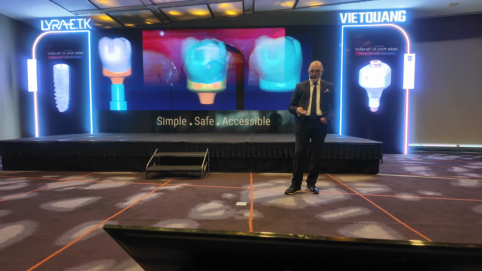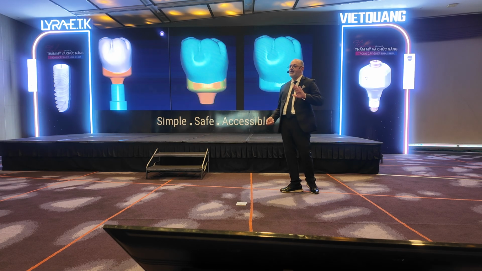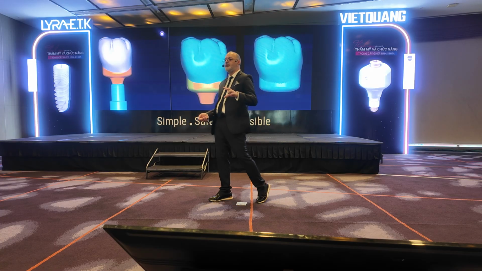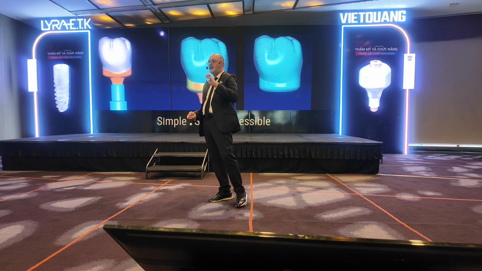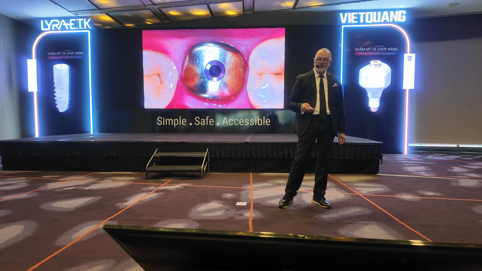So you can see here the base is exactly the shape of the iPhysio. So when we remove the iPhysio and we put the crown, there is no kind of compression of the tissue because it's exactly the same. It's really taken from the library.